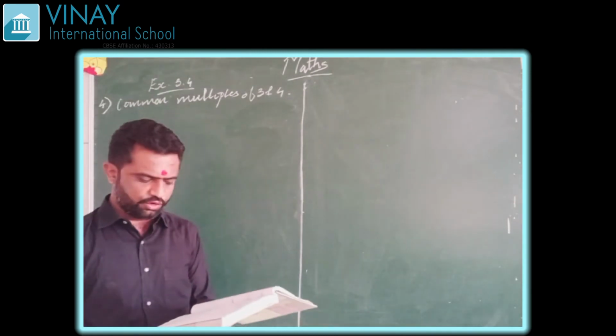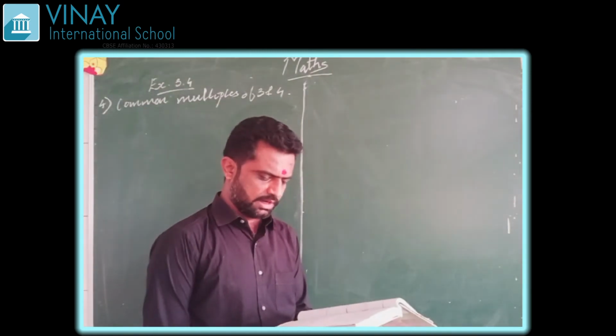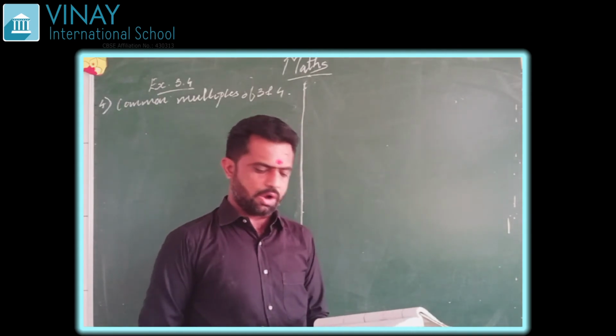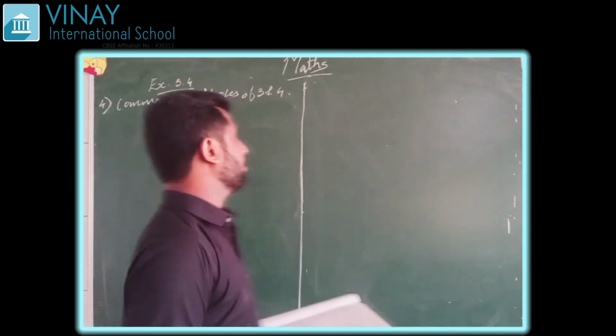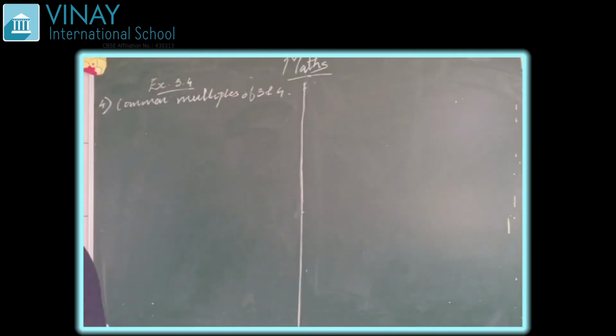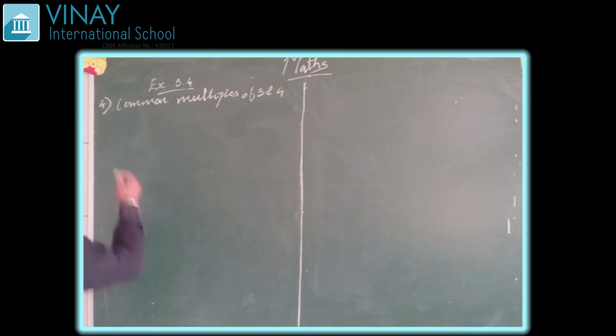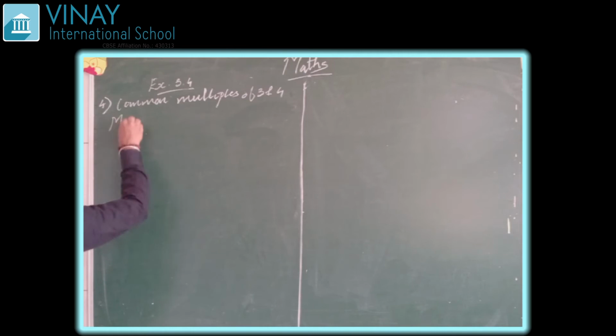Now question number 4 is write all the numbers less than 100 which are common multiples of 3 and 4. Here we have to first find the multiples of 3 and 4 which are less than 100.